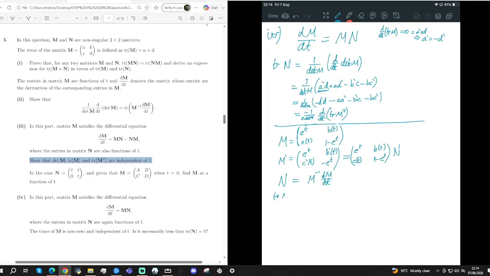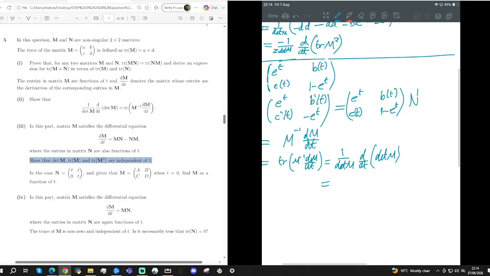So the trace, now I'm going back to using that result that I've got above. The trace of n is equal to 1 over det m d by dt of det m, but now I've got a bit more concrete m.